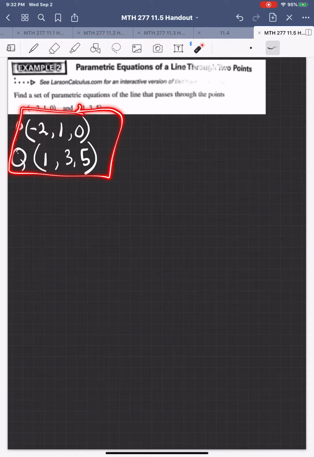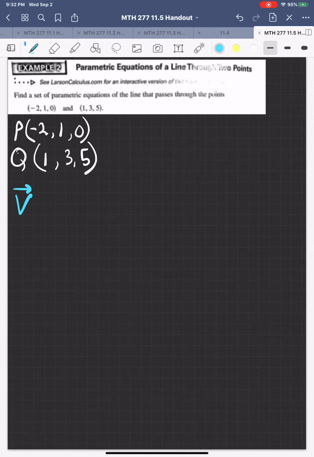What we don't know, in this case, is the directional vector that's parallel to that line. So we need this directional vector. That's easy to do. All we need to do is think about point P and point Q as a vector, and then we can simply get that vector into component form.